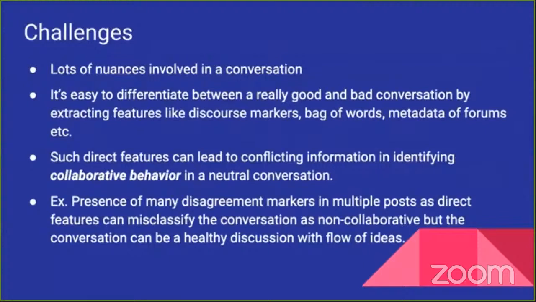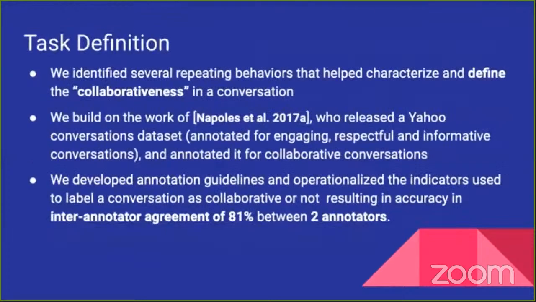Some of the challenges involved are that there are a lot of nuances in a conversation, and using such direct features can lead to conflicting information in identifying collaborative behavior in a neutral conversation. For example, the presence of many disagreement markers in multiple posts as direct features can misclassify the conversation as non-collaborative, but the conversation can be a healthy discussion with flow of ideas.